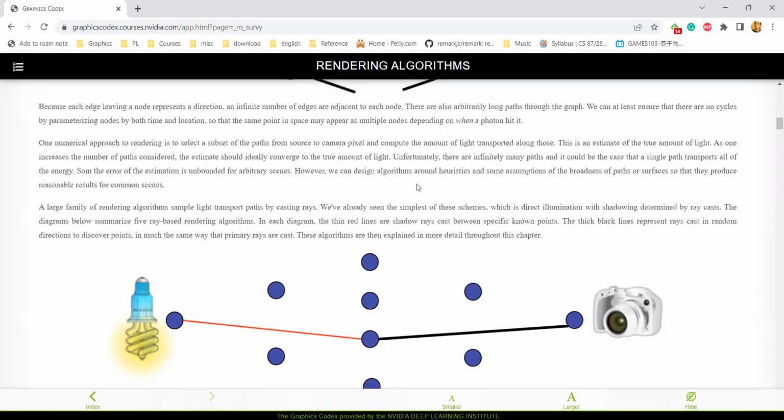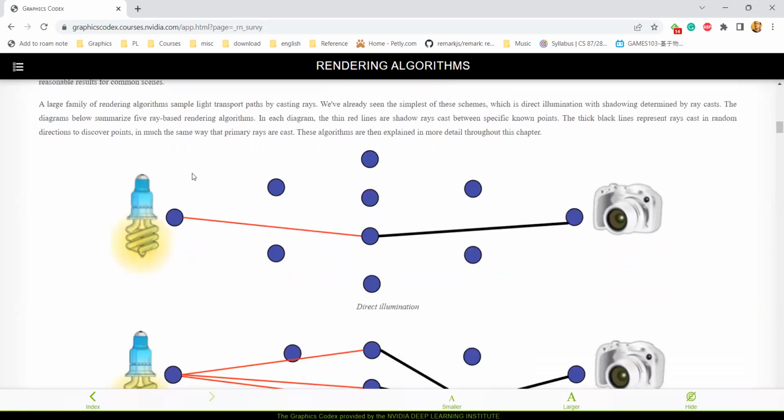But we can design algorithms around heuristics and some assumptions of the broadness of paths or surfaces so that they produce reasonable results for common cases. A large family of rendering algorithms sample light transport paths by casting rays. That's ray tracing. We're already seeing the simplest of those schemes, which is direct illumination with shadows determined by raycasts.